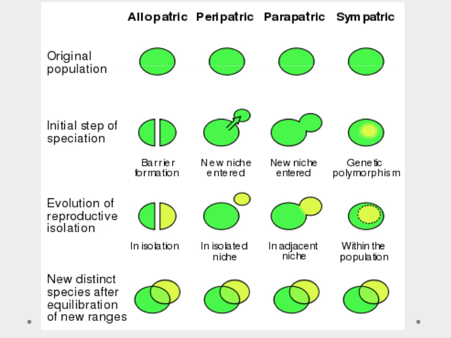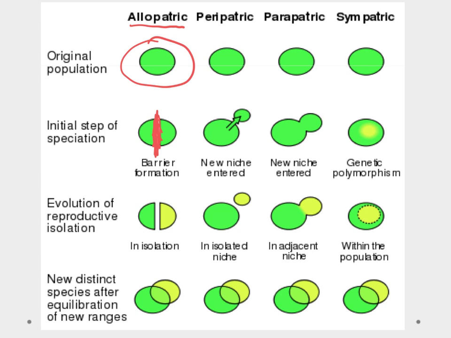The easiest one that we see a lot of is this one here, allopatric speciation. And notice in all of our examples, we're going to start off with an original population, and then something's going to happen. So for allopatric, what we get is a barrier formation. This could be a mountain range popping up, or a river, or an island splitting into two, or it could just be a population of animals getting lost and separating themselves by a physical barrier.